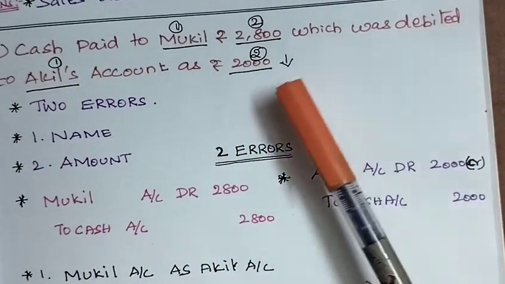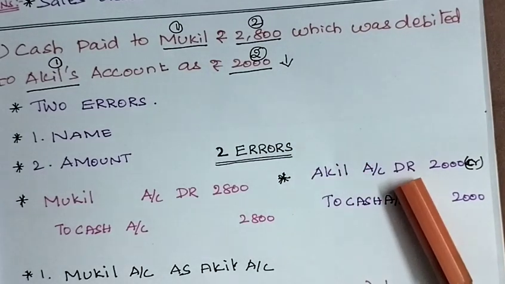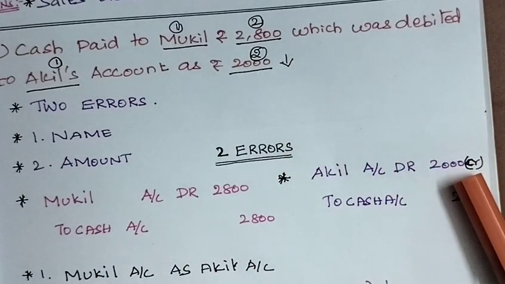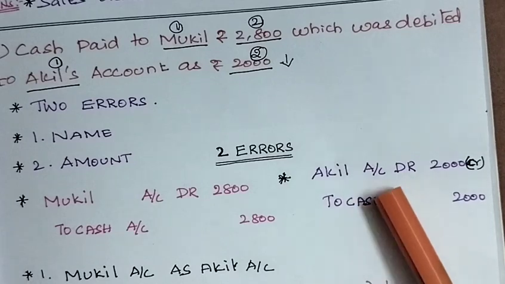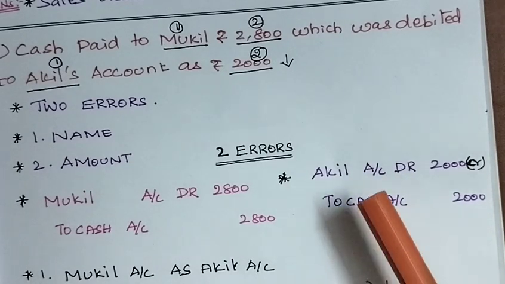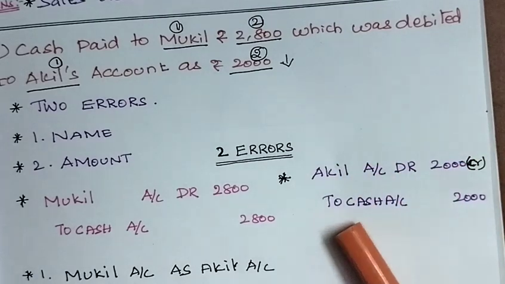How much? 2000 rupees. So they wrongly entered it, which means cash paid to Akhil. Akhil account debit 2000 to cash account.